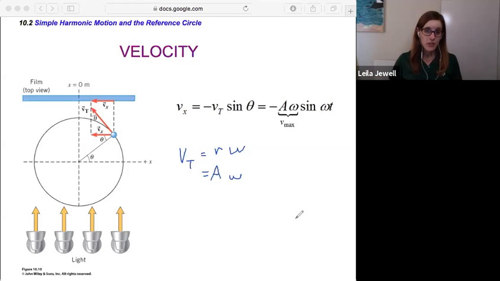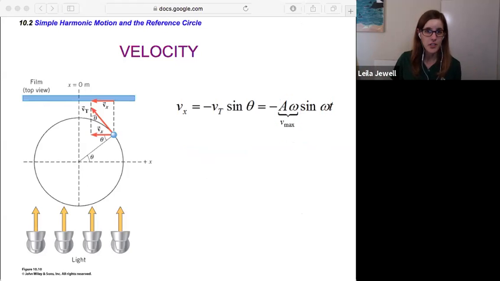So that means our V max is going to occur when sine is equal to 1 or -1. In other words, everything in front of the sine is our V max. So that's what this is trying to show here. That V max is just the amplitude of the motion times the angular speed or angular frequency.